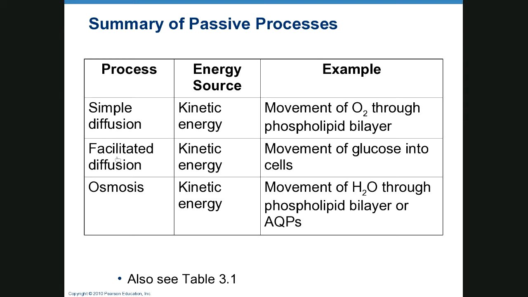Facilitated diffusion: movement of glucose into the cells. It has to be facilitated by insulin as well as an insulin receptor. Osmosis is movement of water through a selectively permeable membrane from an area of high water concentration to an area of low water concentration, which also means towards a higher solute concentration.